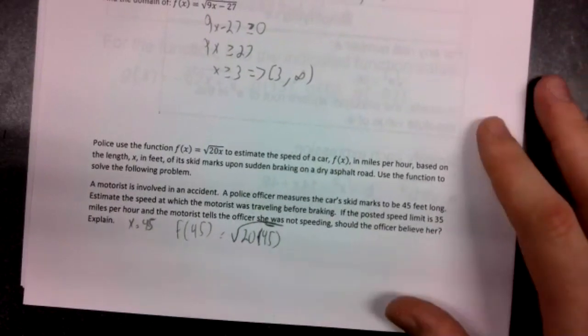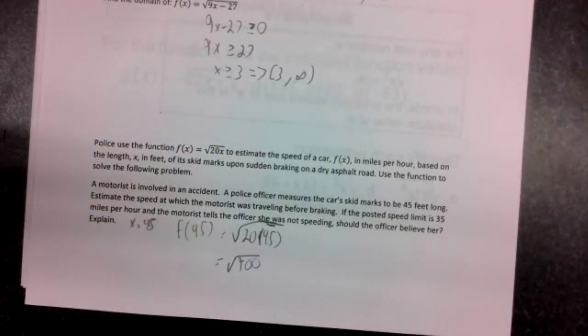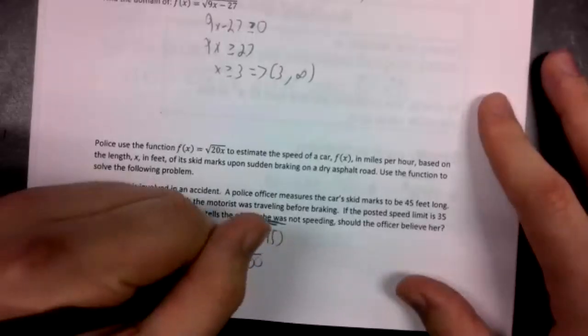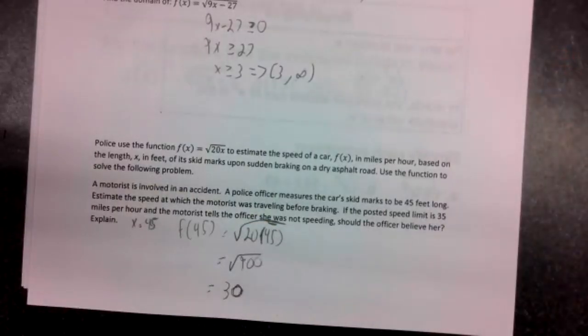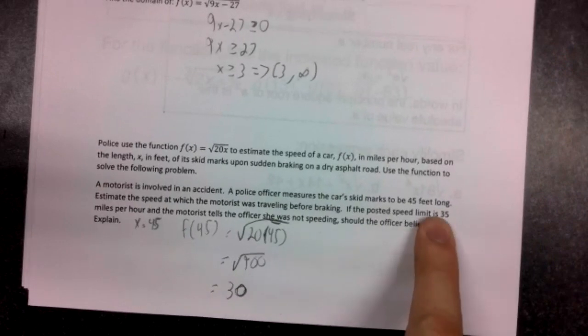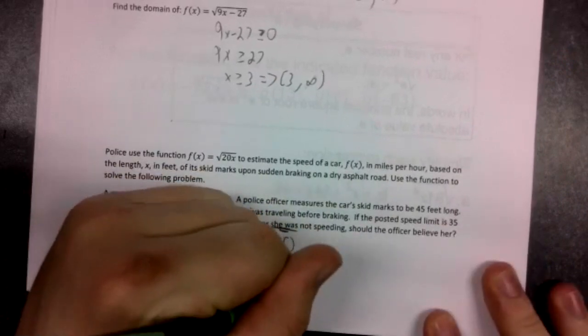That's the square root of 900, which is 30, I believe. Square root of 900, yeah, which is 30. So we know that her speed was 30 miles per hour, which is below the posted speed limit. This is less than 35.